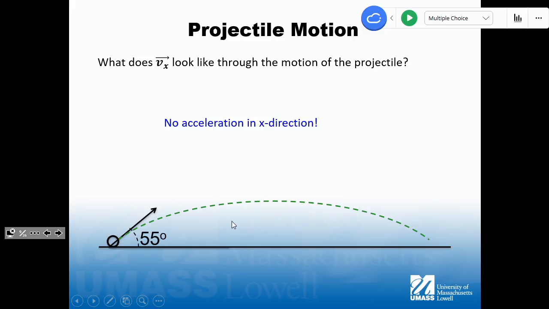Not the total velocity of the projectile, not the full velocity, just the x component of velocity is constant. Does this make sense? Because the acceleration in the x is zero. So any projectile can be treated as just moving in a straight line with a constant speed without changing direction. If I label the velocity vectors, those blue lines, my horizontal component of velocity doesn't change at any point during this flight.